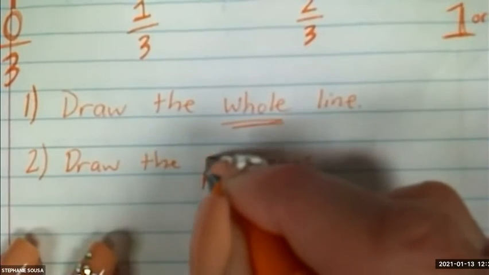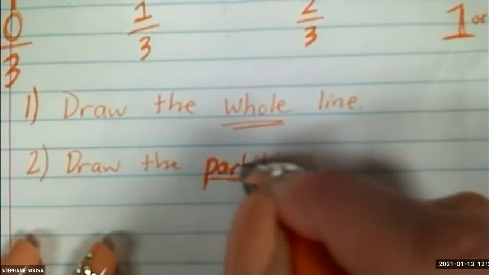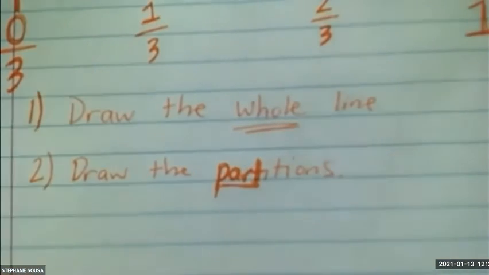I'm going to make that word part inside of partition bold so that my brain has a trick to remember. And I'll stop right there because I know that's a lot to write. So step 1, draw the whole line. Step 2, draw the partitions. So this is where you draw the parts or the spaces in the number line. Okay.